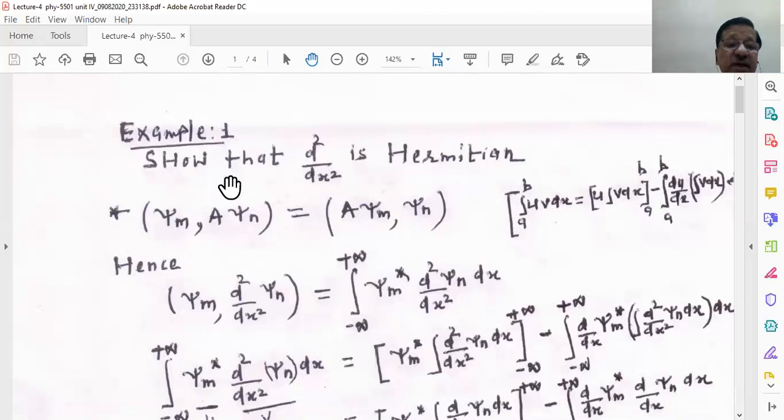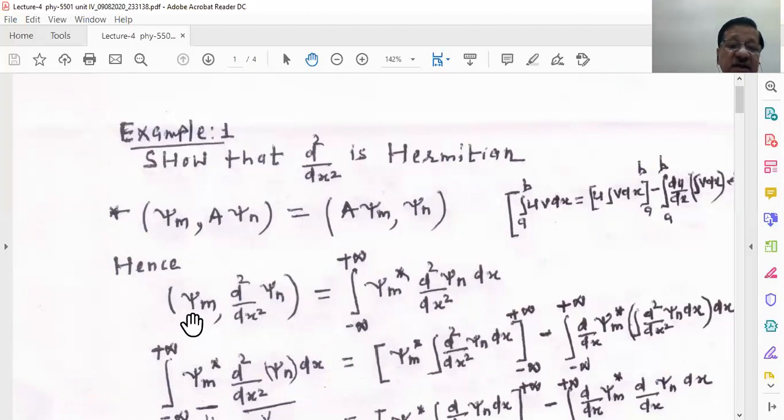This is psi m, and my test operator A is d square by dx square, so A is replaced by d square by dx square operating on psi n.